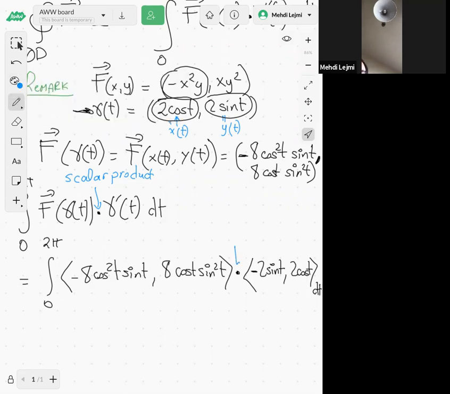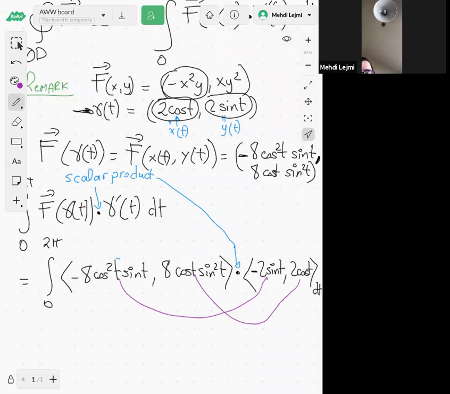This is a scalar product, so we have to multiply the corresponding components: the first component here times the first component in the second vector, plus the second component in the first vector times the second component in the second vector, right?